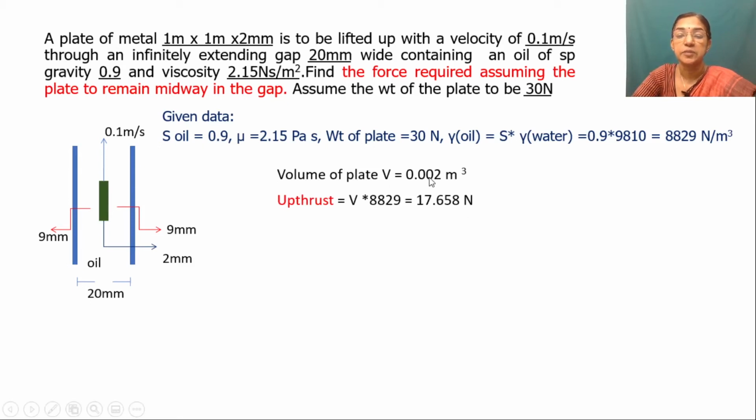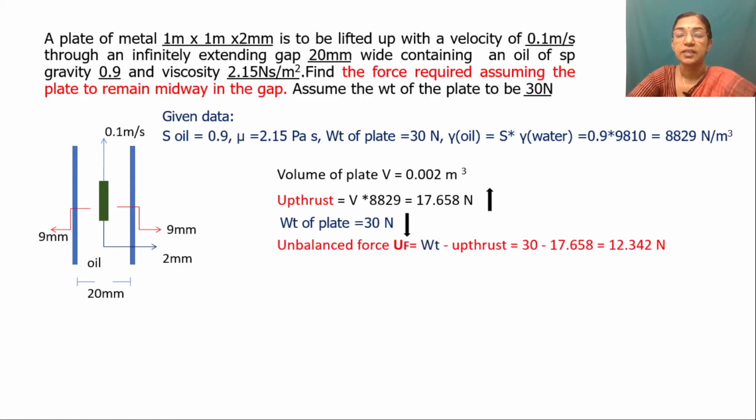So upthrust is acting upward, whereas the weight of the body is acting downward. The unbalanced force acting downward equals the weight of the plate minus the upthrust. That is also acting downward because the weight is more.